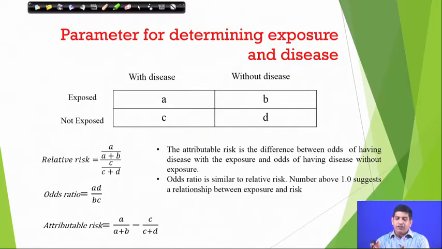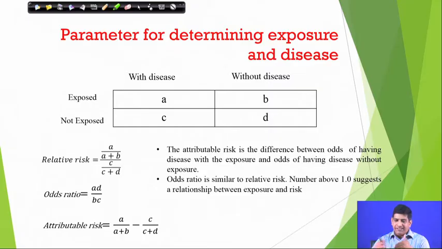Then the odds ratio is A times D divided by B times C, where you have exposed with disease, and not exposed without disease. That is what you expect, isn't it? If you are exposed, you should get the disease; if not exposed, you should not get the disease. So, it is similar to relative risk. If the number is above 1, it suggests that there is a relationship between exposure and risk.